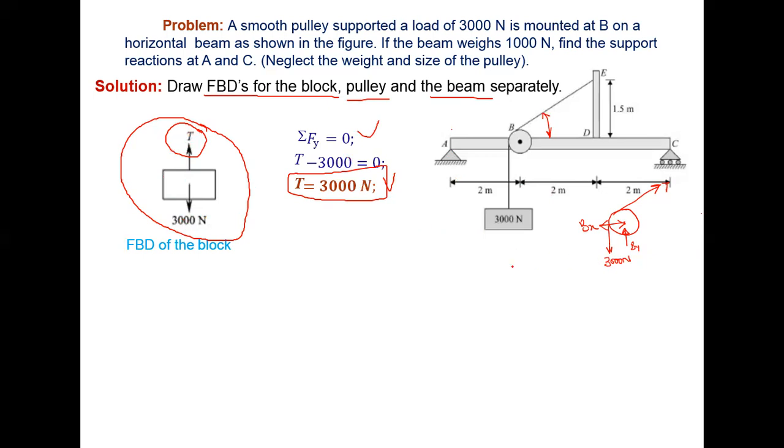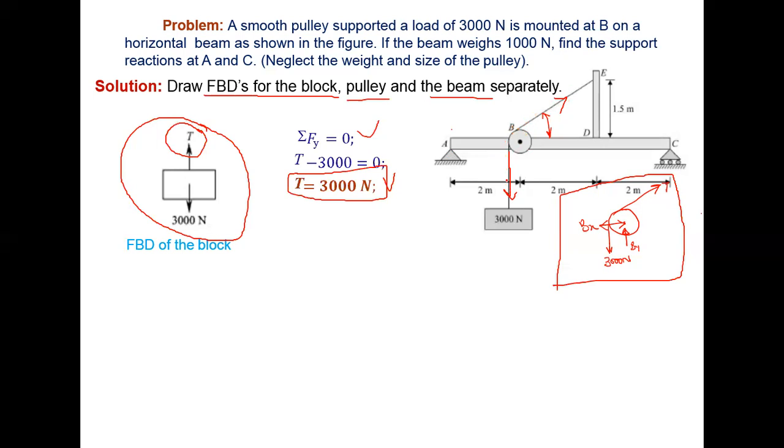Now let's draw FBD of the pulley. This is the FBD of the pulley, and you can see that this pulley is subjected to tension along this rope and also tension along this rope, right? So these two tensions will act on the pulley.